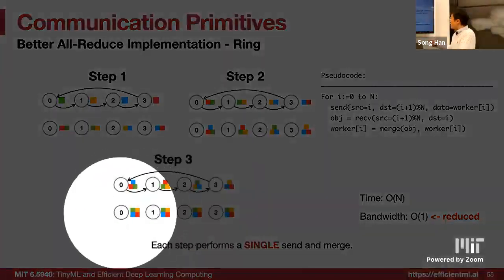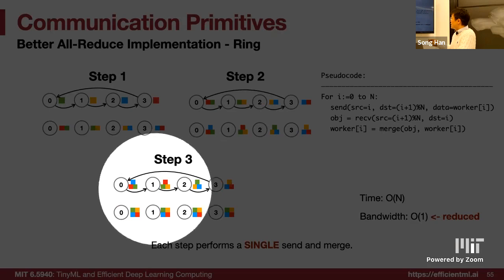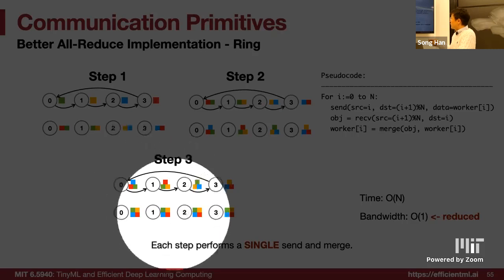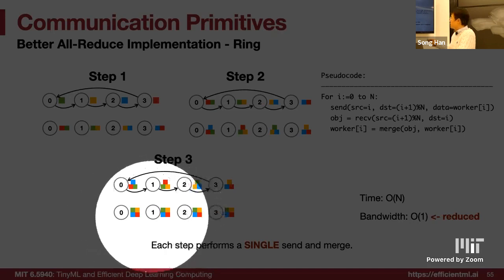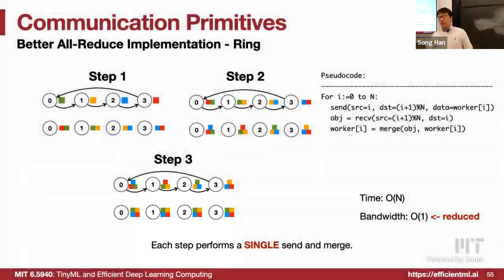And after step 3, 0 sends to 1, 1 sends to 2, so that worker 1 has data from the red, the green, the yellow, and also the blue. So now it has all the data it needs. And a similar thing happens for all the other nodes. They each have the green, the orange, the yellow, the blue, and the red.